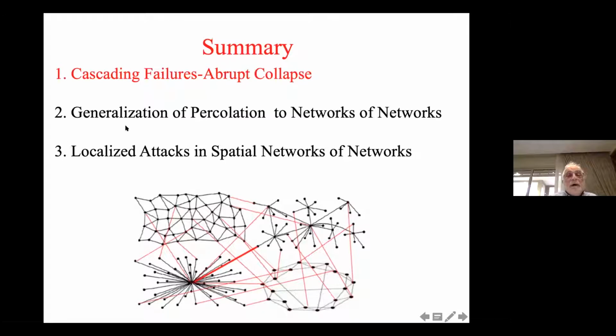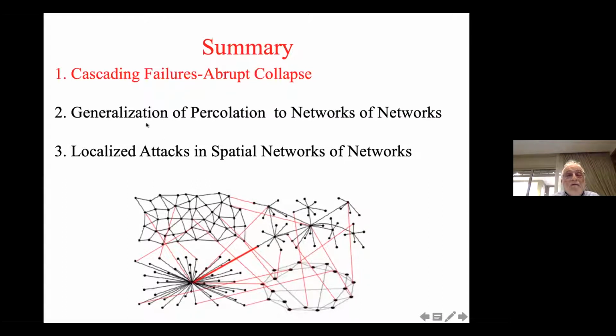The second step, I will show you that we studied from 1960 until 2010, for 50 years, percolation theory for one system. It means we have a system and we had failures and we could see what is the functional network that is left due to these failures.